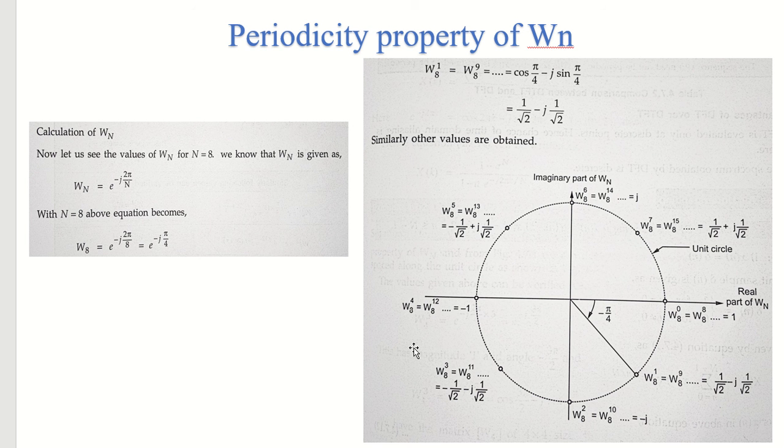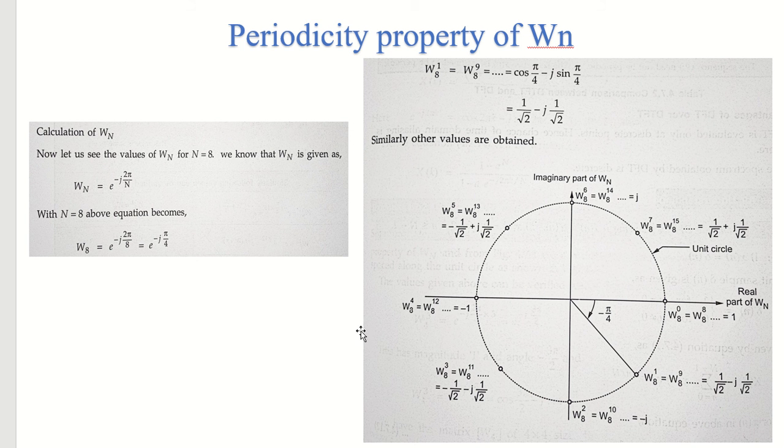Now to plot these values, when you substitute values 1, 2, 3, 4, 5 up to probably 13, you will get a graph like that. Here we have calculated the value of W8, which was e raised to minus j pi by 4.